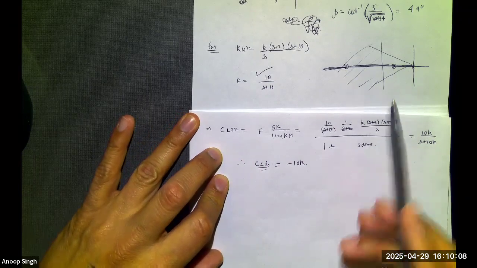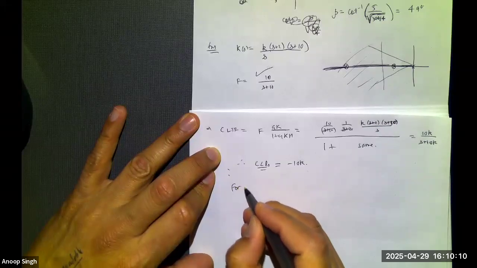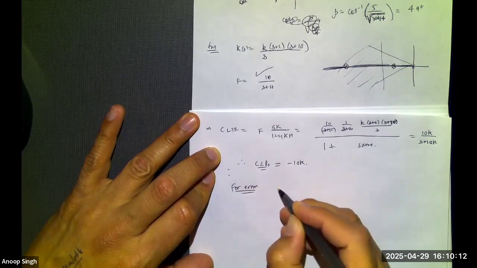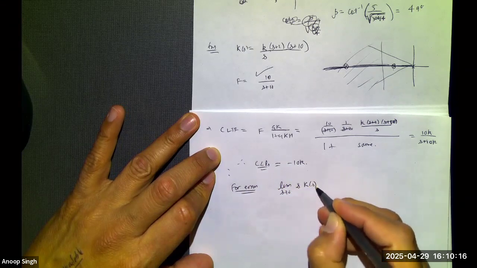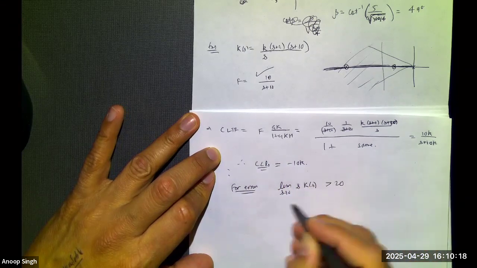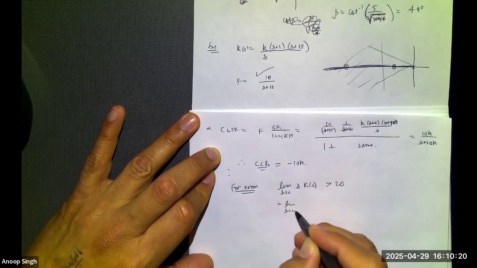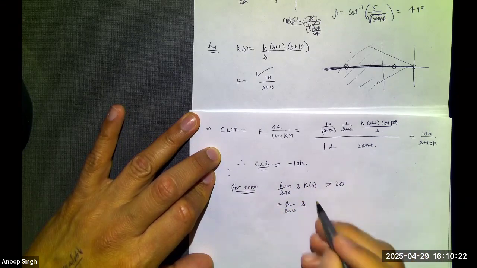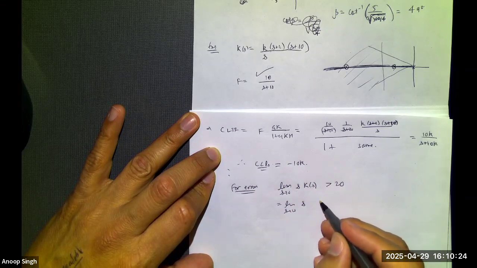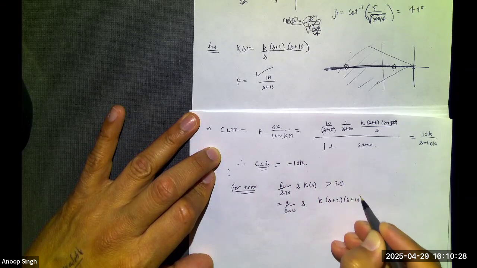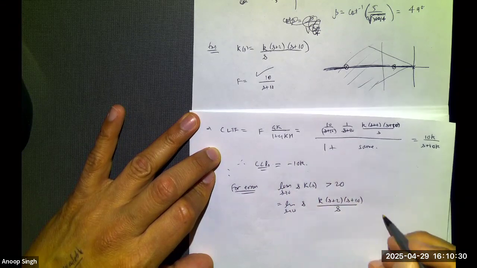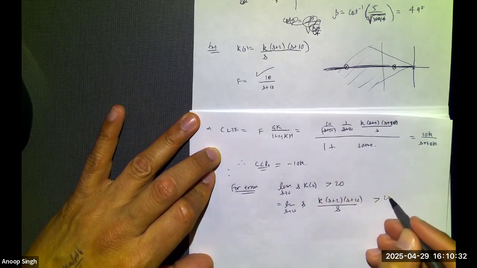For the error, I want the limit as s goes to 0 of s times the controller to be larger than 20. Let's see what that comes out to be. My controller was K times s+2 times s+10 divided by s. So s times the controller should be larger than 20.